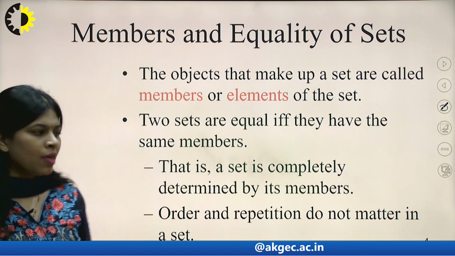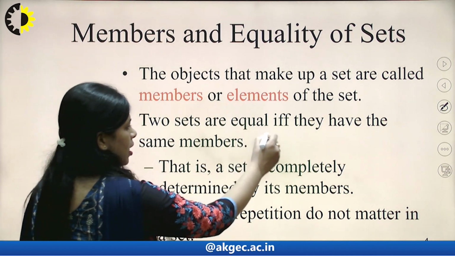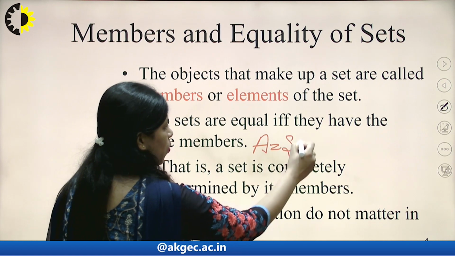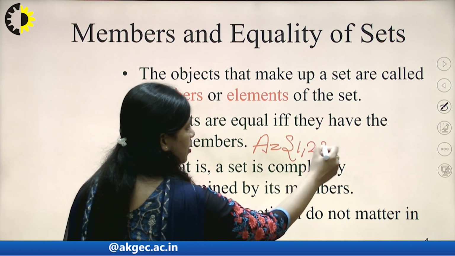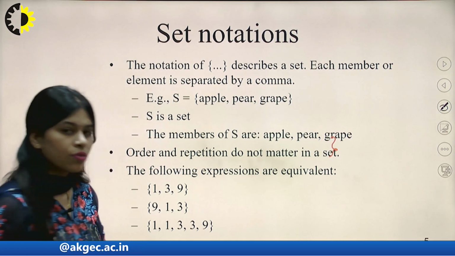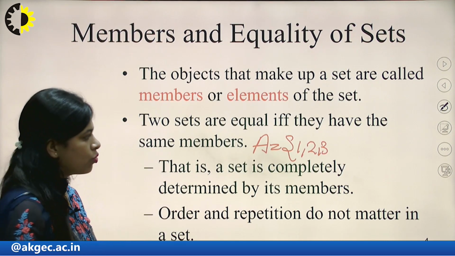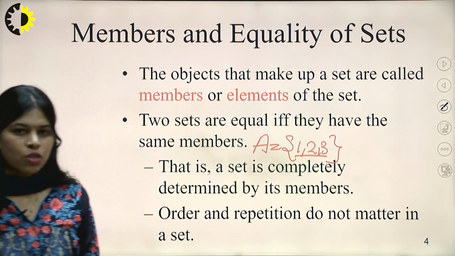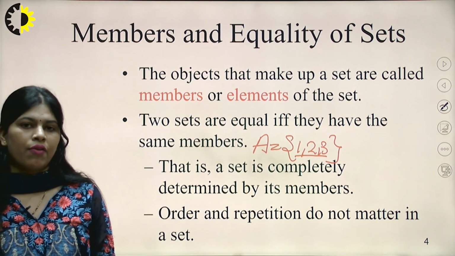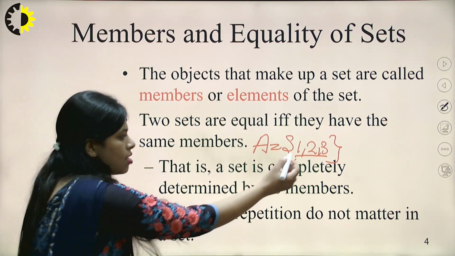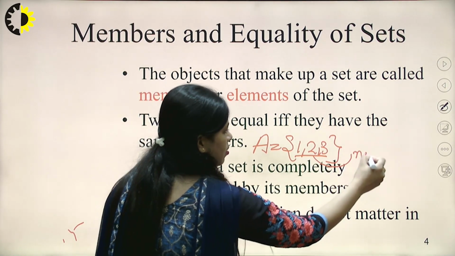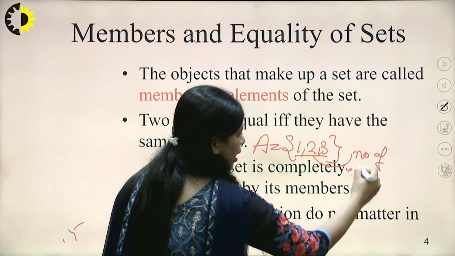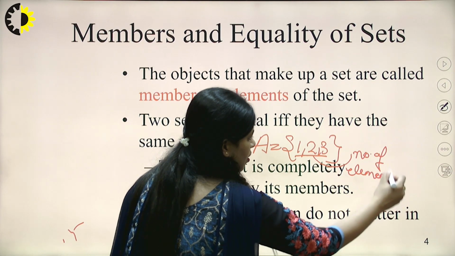It means if a set A carries 1, 2, 3, then these are the members, or we can say these are the elements.